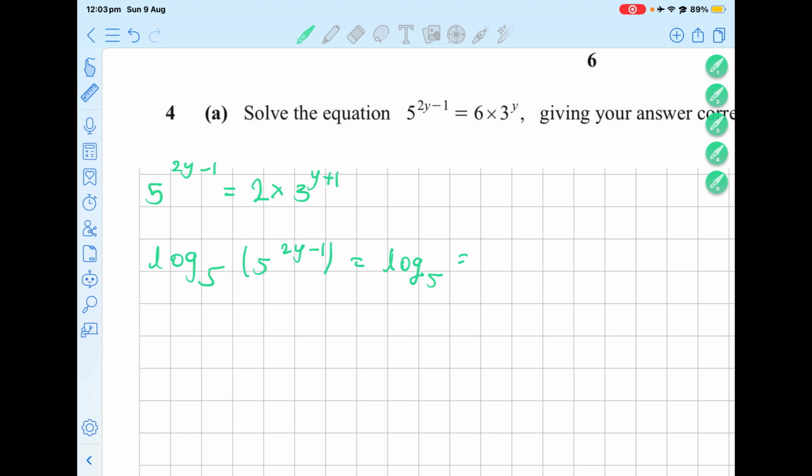Log 5 of 2 into 3 raised by y plus 1. So 2y minus 1 is the log of this 2 into 3y plus 1. So we know that.